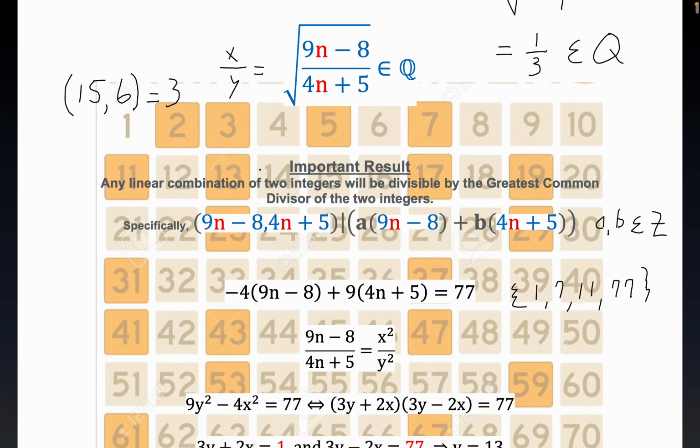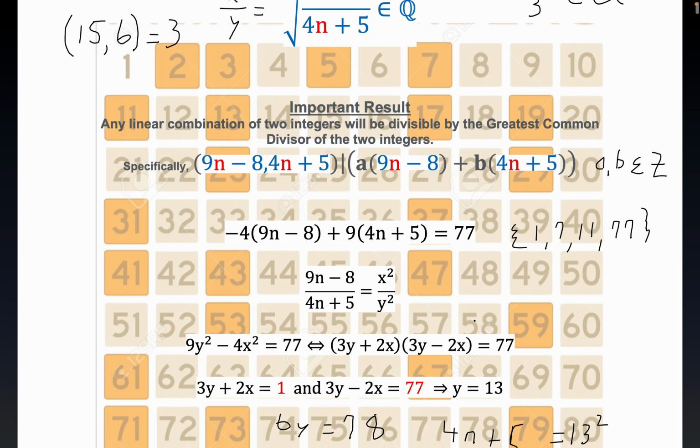We used this linear combination result and then did a specific calculation that would eliminate the n's, leaving 77. And we know the GCD always has to divide 77. You may ask, why are you talking about the GCD all the time? Well, that has a lot to do with whether or not a fraction reduces. If the GCD is 1, then the fraction is irreducible. If it's anything else, it is reducible.